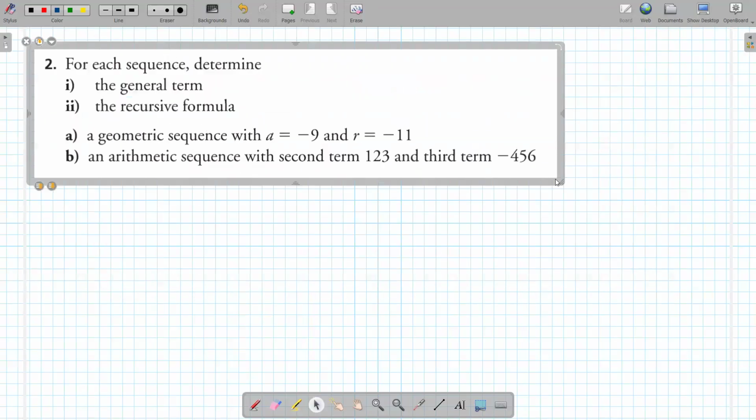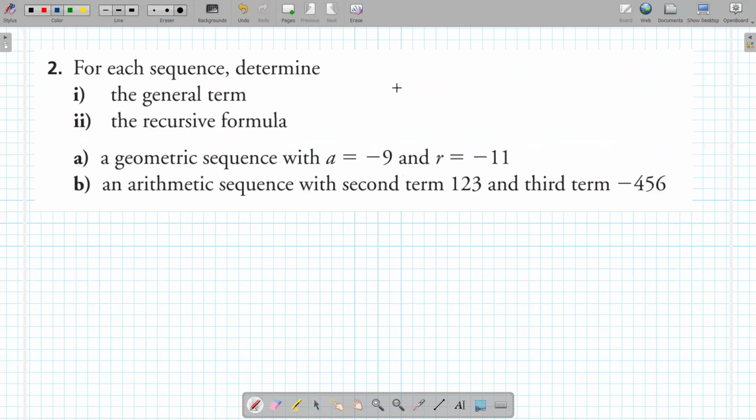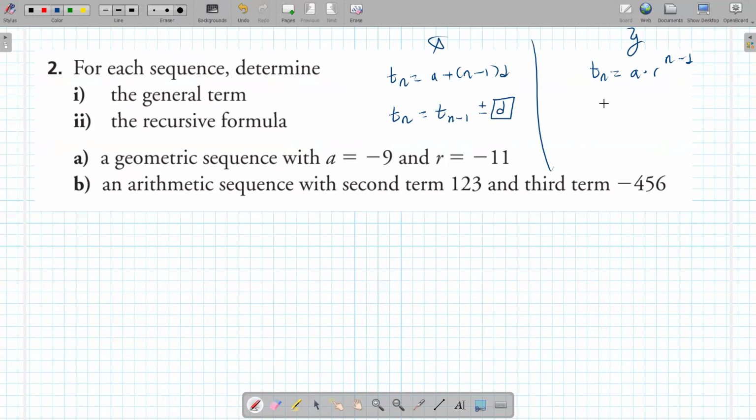For this one, it says determine the general term. The general term for an arithmetic sequence is this. The general term for a geometric sequence is this. And it also says the recursive formula. The recursive formula usually for an arithmetic sequence is the previous term plus or minus some d value. Or for geometric, it'll be the previous term multiplied or divided by some common ratio.